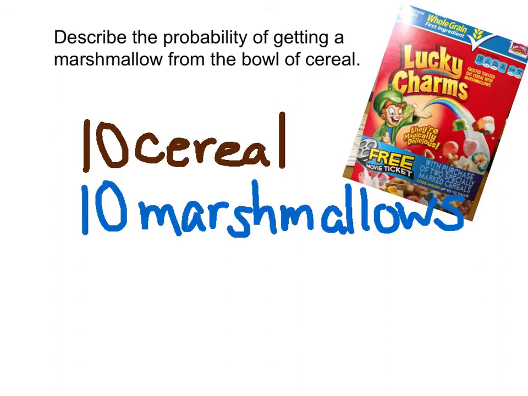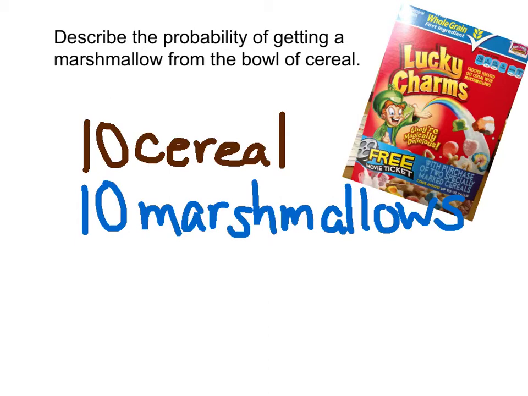Now for one last example, using our words certain, likely, equally likely, and unlikely, as well as impossible. Let's say that we have a nice, yummy bowl of Lucky Charms, the breakfast of mathematics champions. And I'd like for you to describe the probability of getting a marshmallow from the bowl of cereal if there are 10 pieces of cereal and there are 10 marshmallows.